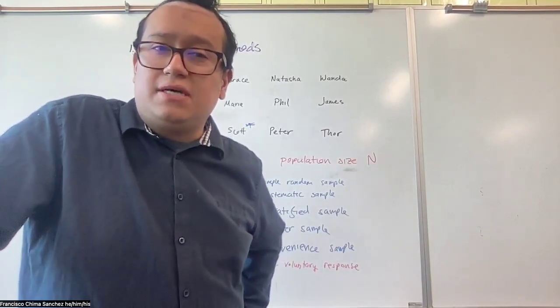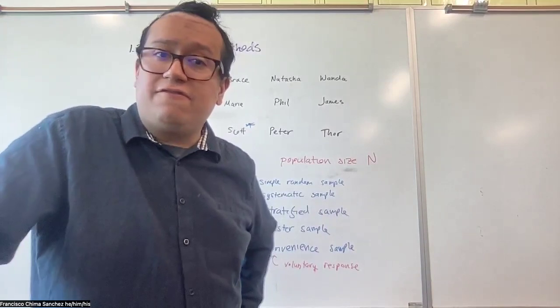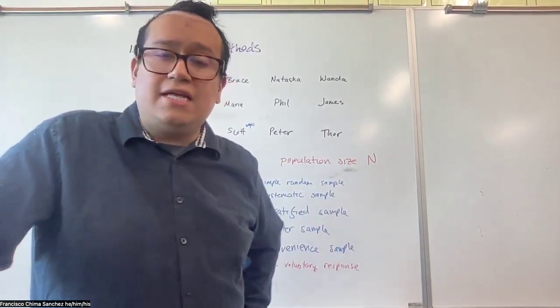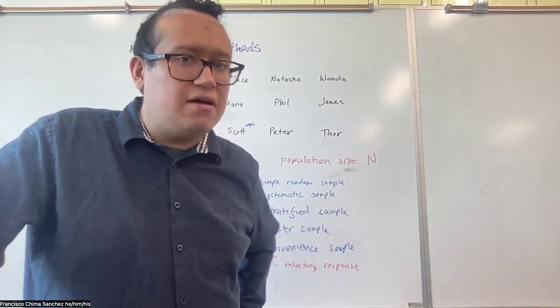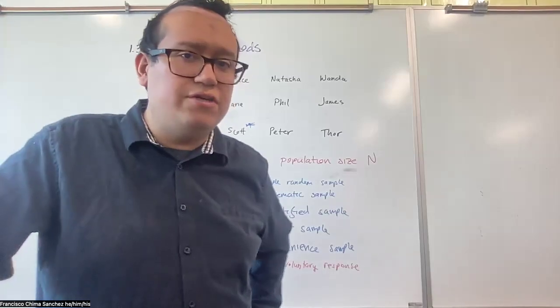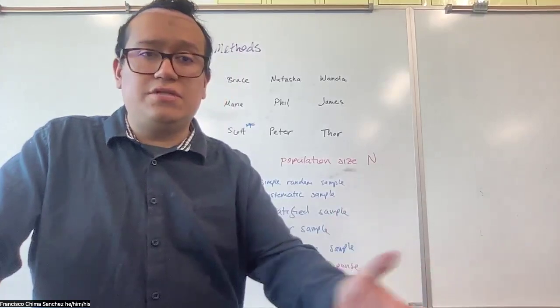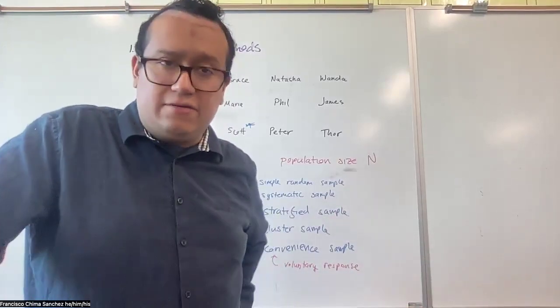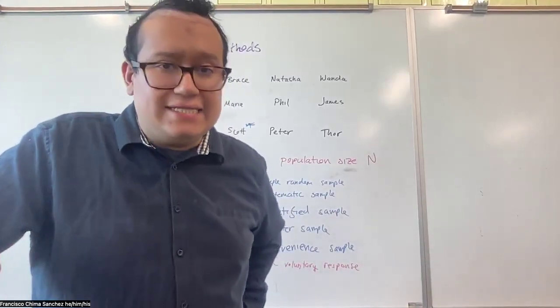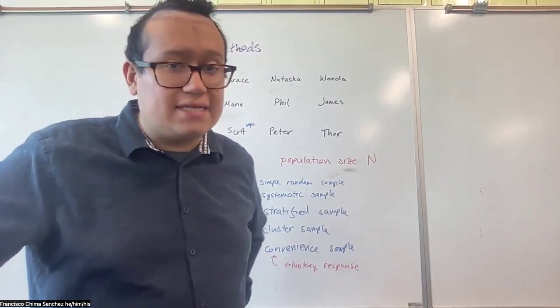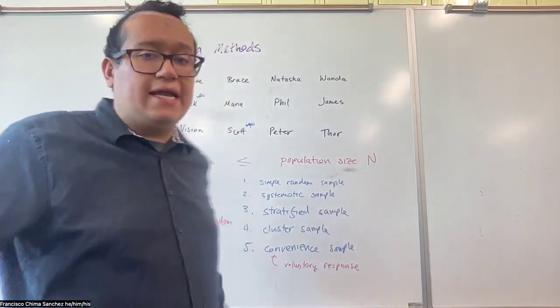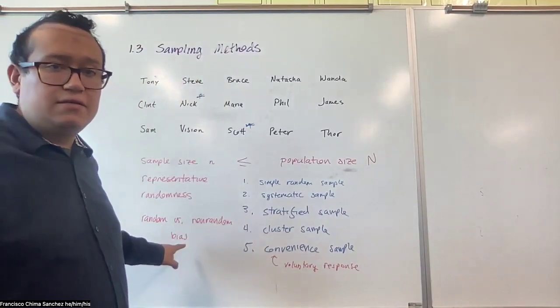If they post a poll to their followers, that's not a representative sample of the opinion of everybody who uses TikTok, because it's only available to those who follow this particular influencer. That is an example of a convenience sample, and it introduces non-random bias.